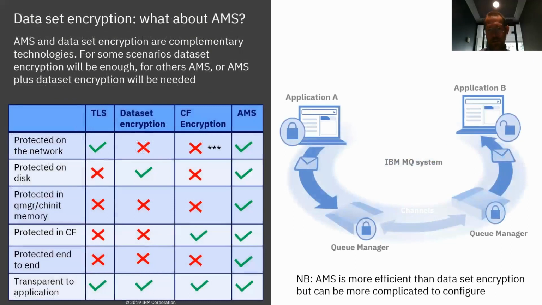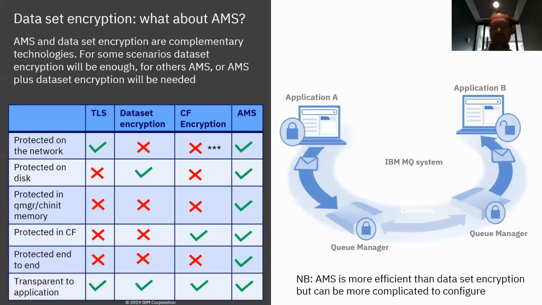And I think it's quite useful to have something like this slide where we actually look at a comparison of what all these different things mean, because there are quite a few different options here. We've got TLS, network level encryption. That really is only protecting your data on the network, but it is transparent to applications. We've got dataset encryption. That only protects your data on the disk, but that is actually a very common request. And again, it's transparent to applications.